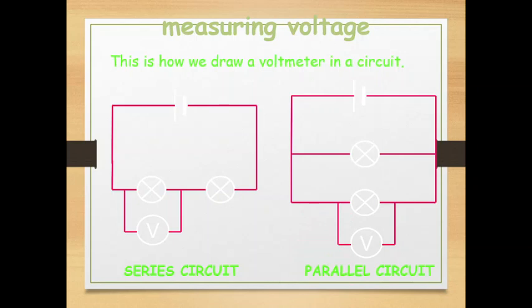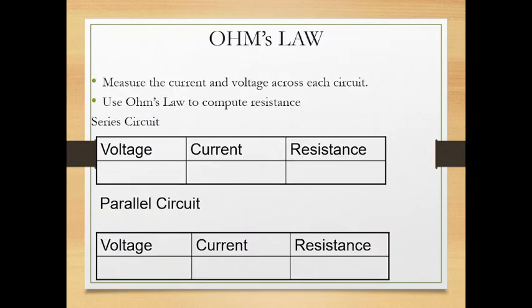From the left side we have a series circuit, from the right part we have a parallel circuit. Also, here we can imagine a measure of current and voltage across each circuit. Use Ohm's law to compute resistance. And also I can see that you will do it really correctly.